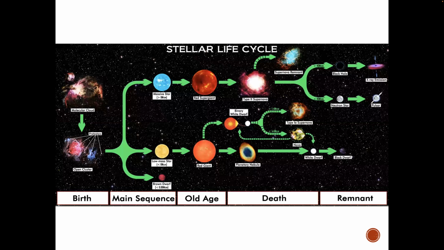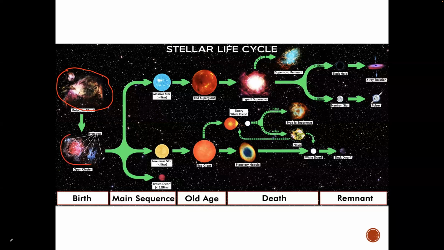So this section is about what will happen to these high mass stars, right? If you remember this chart right here, around 2 months ago we started talking about the process of the formation of stars starting from a molecular cloud. There are certain conditions that need to be satisfied in order to form a star.